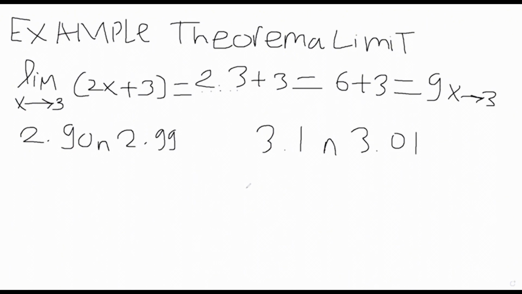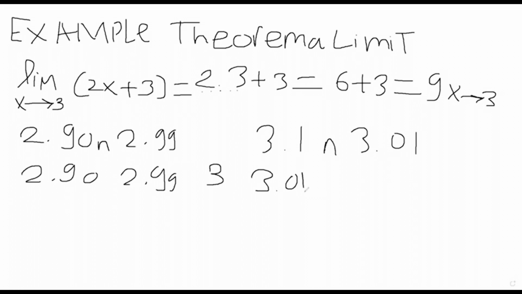So if you make it on a number line, it looks like this: 2.90, 2.99, 3.01, and 3.1. Then test each number in the function, which is 2x plus 3.